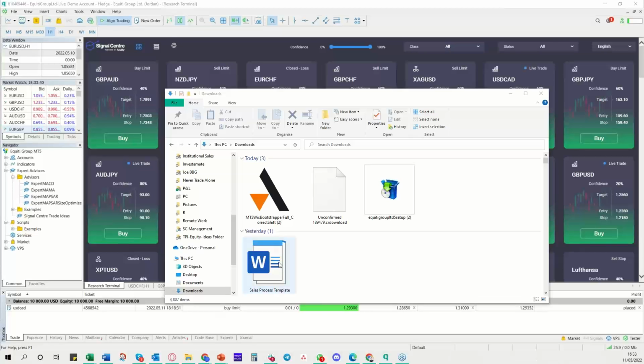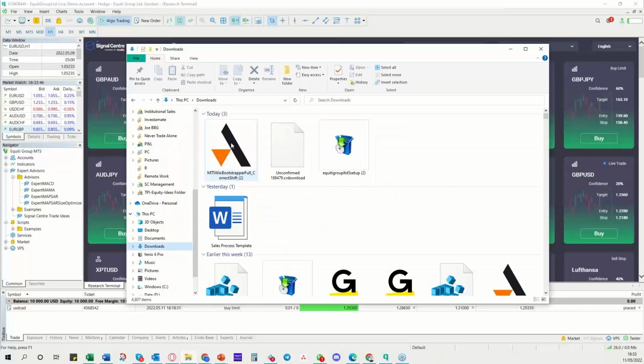Can you see that? Yeah, we can see that. Once you double click on that, it will ask you to install. It's just a couple of clicks of the button. It won't let me do it because I've already got it installed, but it literally is as simple as that.